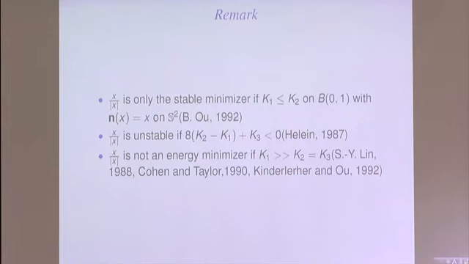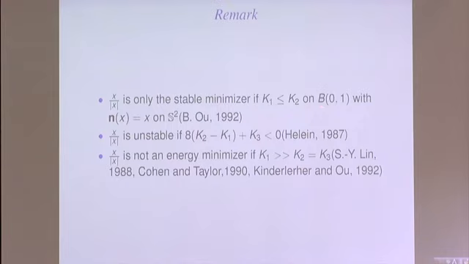How about disclinations? No, Frank energy does not allow the line defect. So then you have to go back to your Landau-de Gennes model. Okay, so this hedgehog is stable when K1 is less than K2.